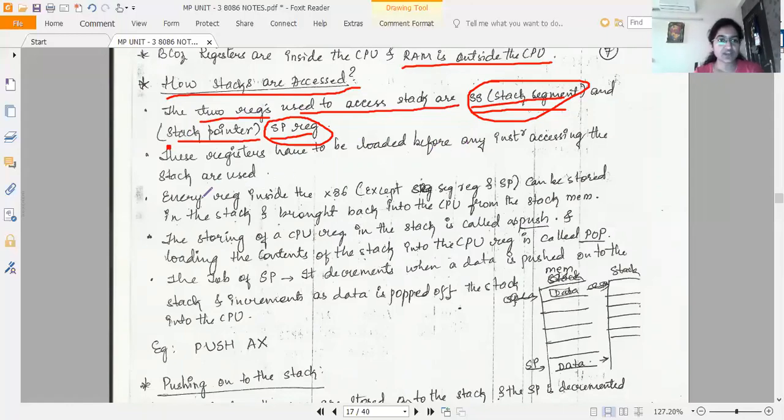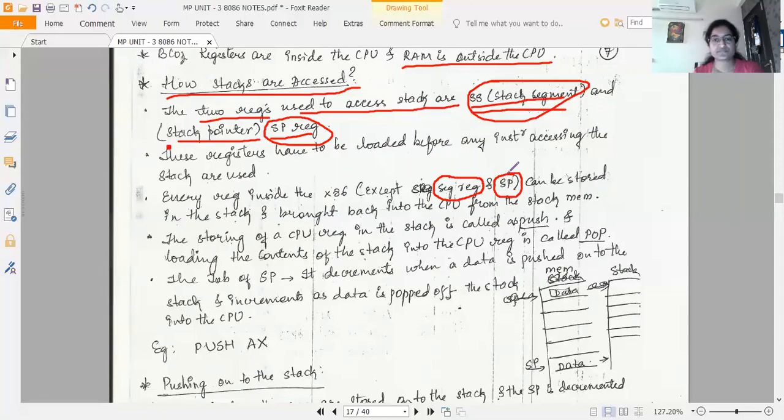All right. Every register inside the 8086 can be stored in the stack and brought back to the CPU from the stack memory, except the segment registers and the stack pointer.